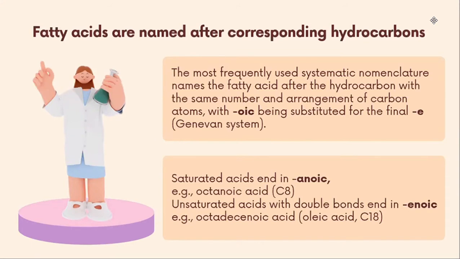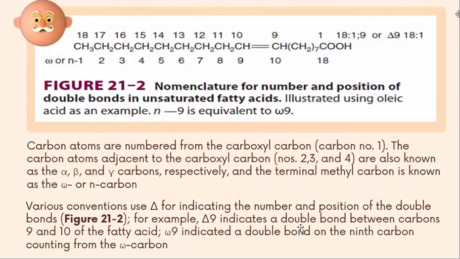The most frequently used systematic nomenclature names the fatty acid after the hydrocarbon with the same number and arrangement of carbon atoms, with oic being substituted for the final e, the Geneva system. Saturated acids end in anoic. Octanoic is an example. Octa means 8, carbon 8. Unsaturated acids with double bonds end in enoic, like octadecenoic acid, carbon 18.